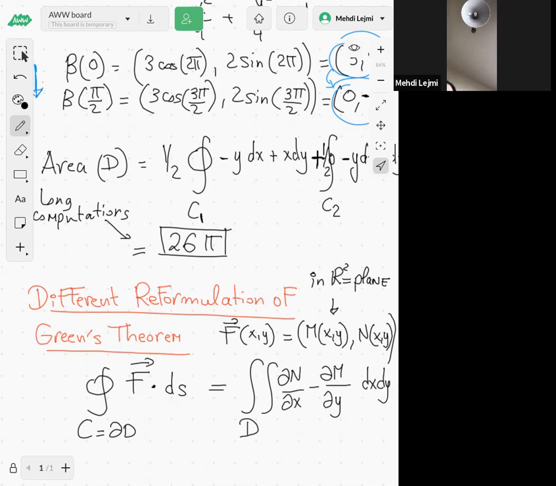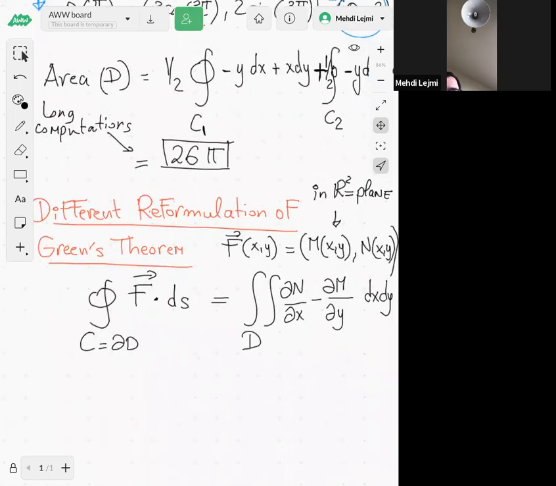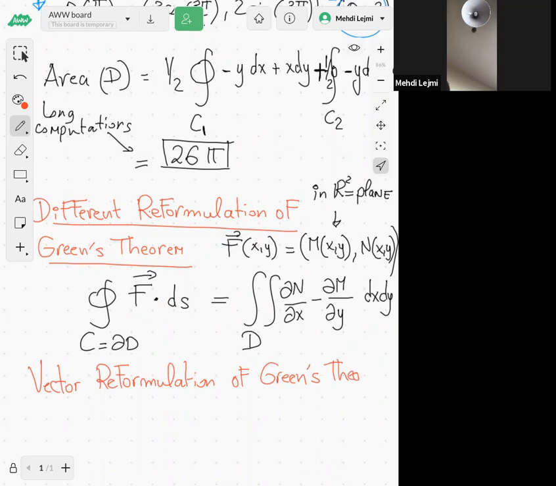So as I said, I'm going to mention another, different reformulation. It's a vector reformulation of Green's theorem. So here we have only two variables, right? x and y.